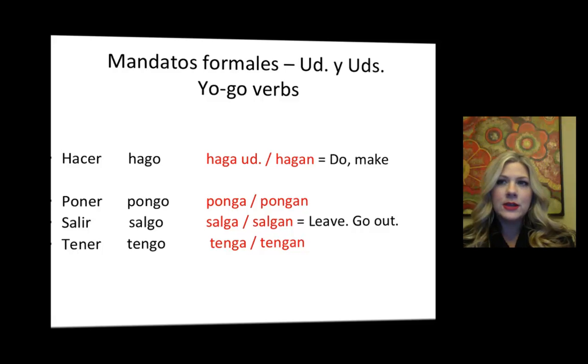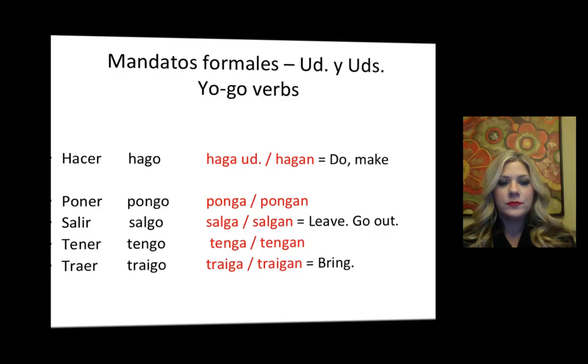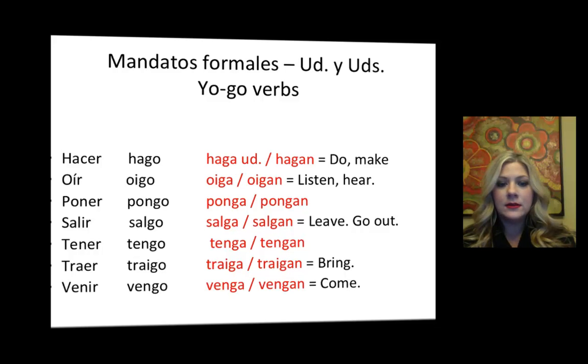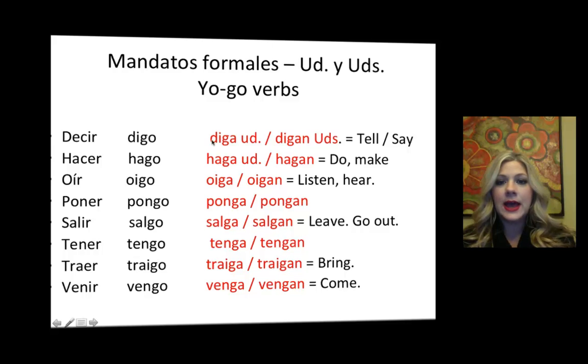I'm trying to think of command forms where you would use tener by itself, and I can't really think of any off the top of my head, but a lot of times you would use these with the tener expressions, like tener cuidado means to be careful. So if you want to command someone to be careful, you would say tengan cuidado, be careful. Traer, traiga, traigan. Venir, venga, vengan. Decir, diga, digan.